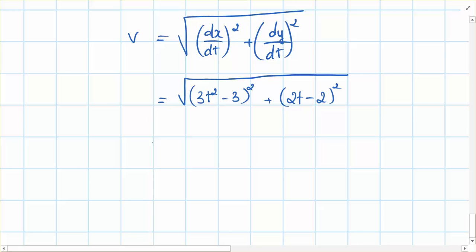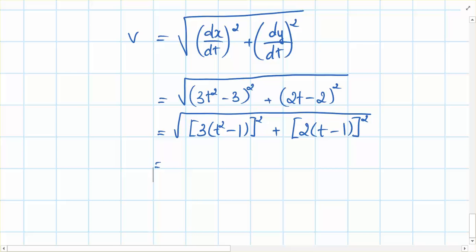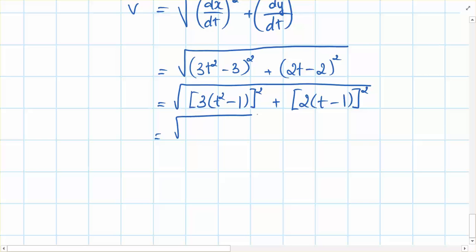And from here you have 3 from inside the parentheses of t squared minus 1, and this whole thing is squared, plus 2, the same thing, t minus 1, and this whole thing squared, and square root, and this equals the square root of 9(t squared minus 1) squared plus 4(t minus 1) squared.